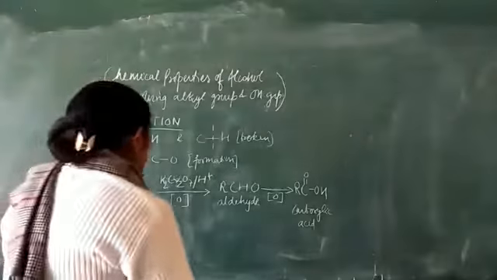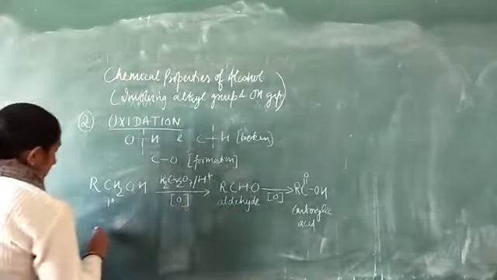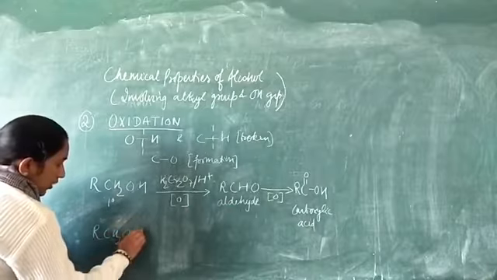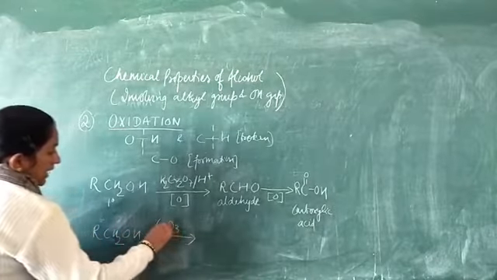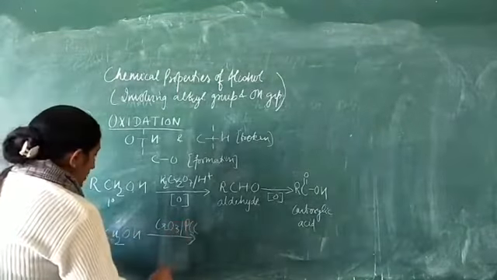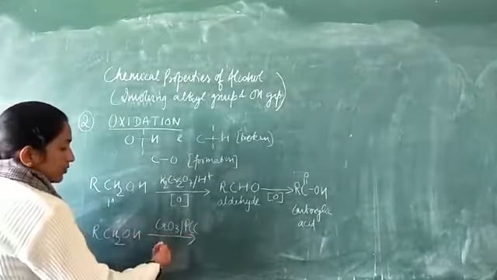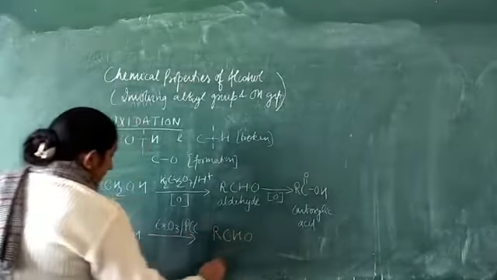Now students, if we want to get only the aldehyde, and we don't want the further oxidation of the primary alcohol, for that case we will use chromium trioxide or PCC. Either of these two, either CrO3 or PCC. The reaction is going to stop at the aldehyde.